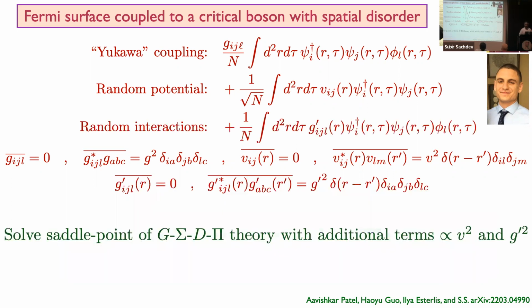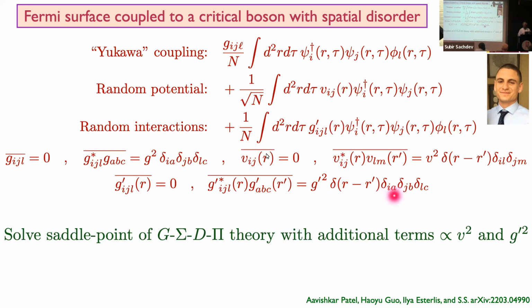And the term we're going to add is just like the interaction term, but it's now random in space, the G prime term. So again, you have to include interactions that are random, also like the SYK model. So this will be a correction to that, but now this has the feature that it doesn't conserve momentum. So you have one more term, which is G prime squared.